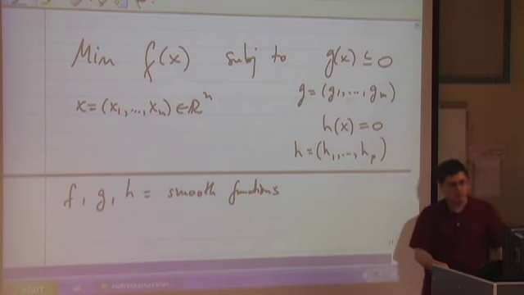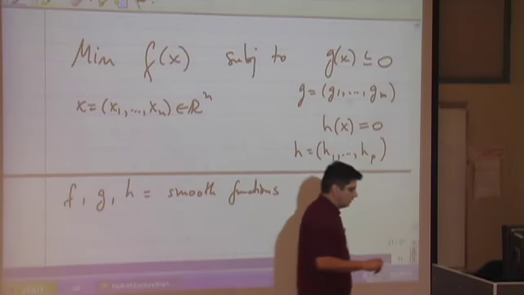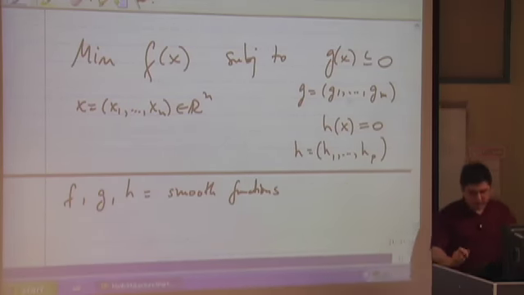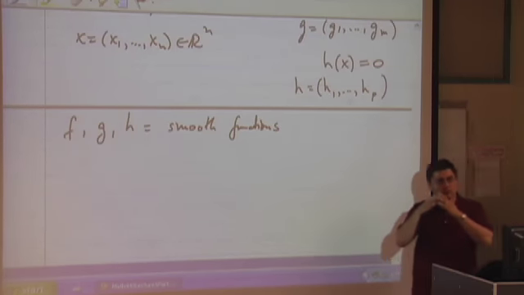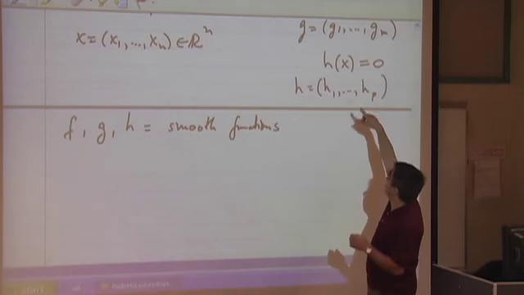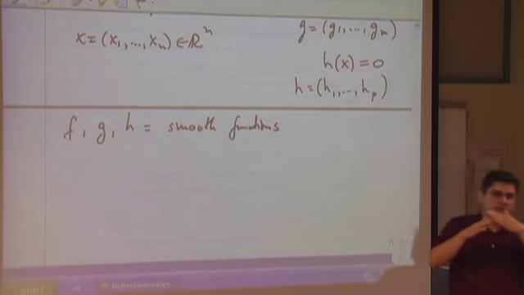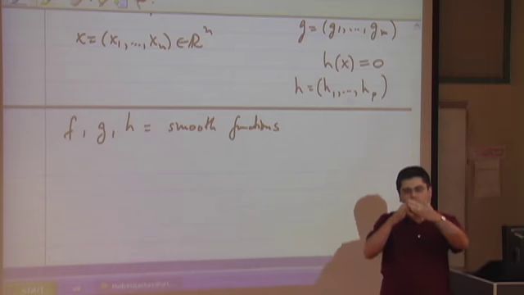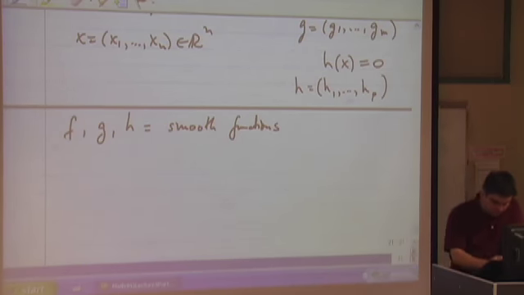Smooth means it has derivatives of any order you like. Well, at least second order, I think. So we don't have corners. I mean, we may have corners in the feasible set, but that's because there are two different constraints meeting at that point.